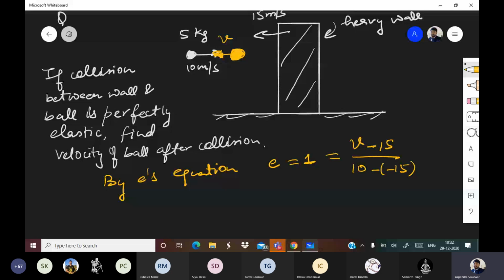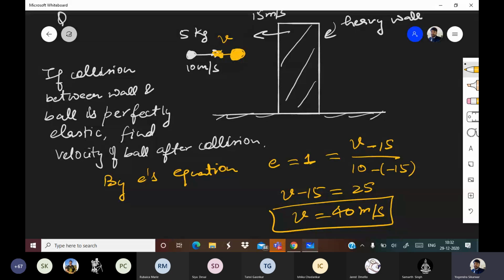So that gives us V minus 15 is equal to 25 and V comes out to be 40 meters per second. Please note, 40 is the answer. Okay.